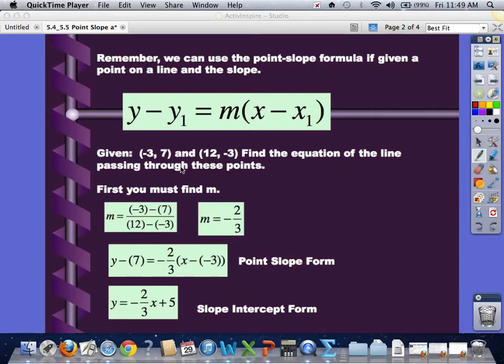Let's write that formula down again: y2 minus y1, and we like to use parentheses, over x2 minus x1. That gives us our slope.